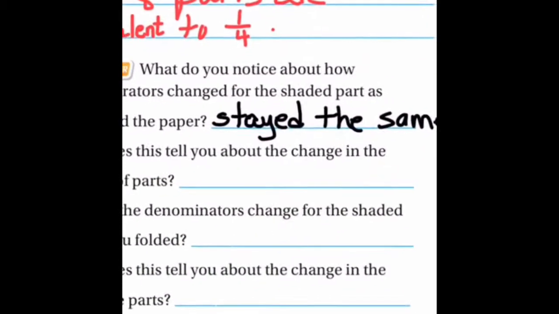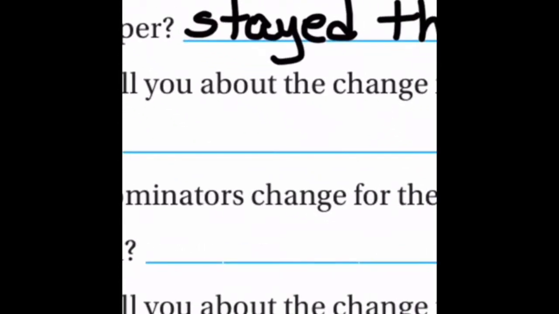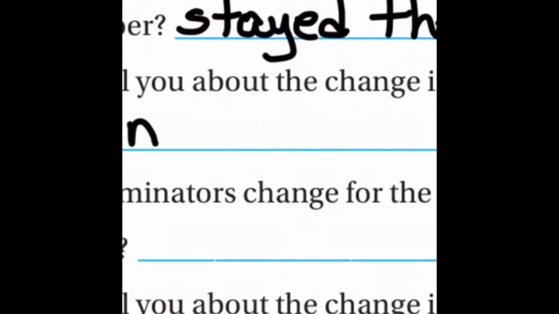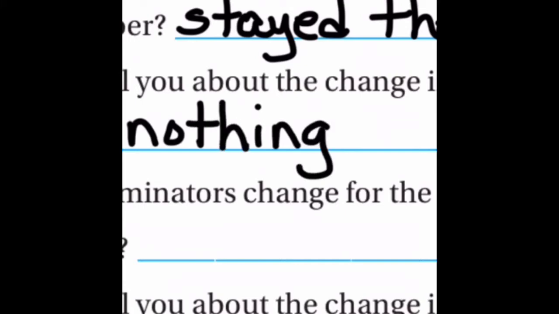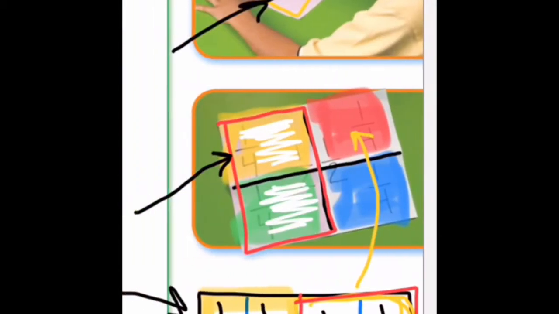All right, then what does this tell you about the change in the number of parts? Well, that doesn't tell us anything about the change in the number of parts, so that tells us nothing, okay? But the next part does. It's asking about the denominators. What happens to the denominators as we shaded them in?